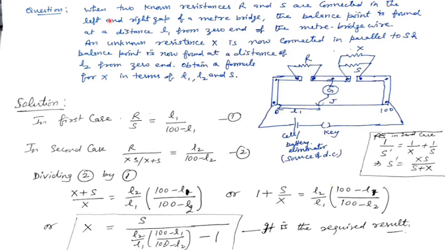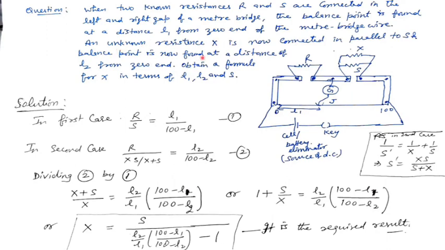This is a theoretical question. Two known resistances R and S are connected in the left and right gap of the meter bridge. So I have connected this on the left side, this on the right side. The balance point is found at a distance L1 from the zero end. If I call this the zero end, this is L1, and of course the next length will be 100 minus L1.